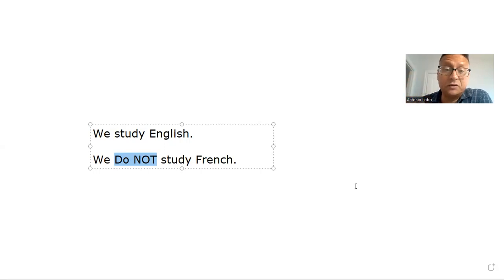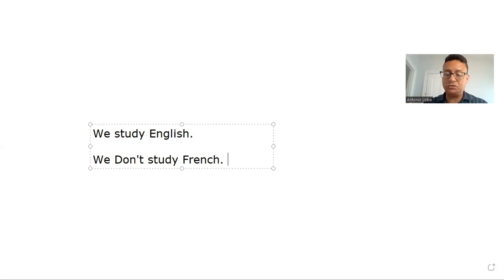And then you add the particle not. And most of the time, what we do is that we put do and not together, we contract them, and becomes we don't study French. We study English, we don't study French. Do you understand? We do not study French.